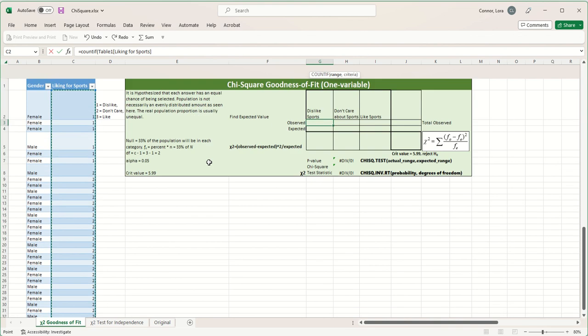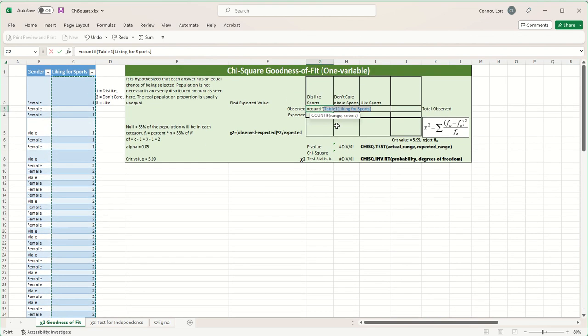Then let's go back up. We'll put a comma. Then we want to tell it to count if it is a 1, because these are people who dislike. Then close parentheses, enter. All right, there we go. We had 6 people who said they disliked it. So let's try doing that for the others.